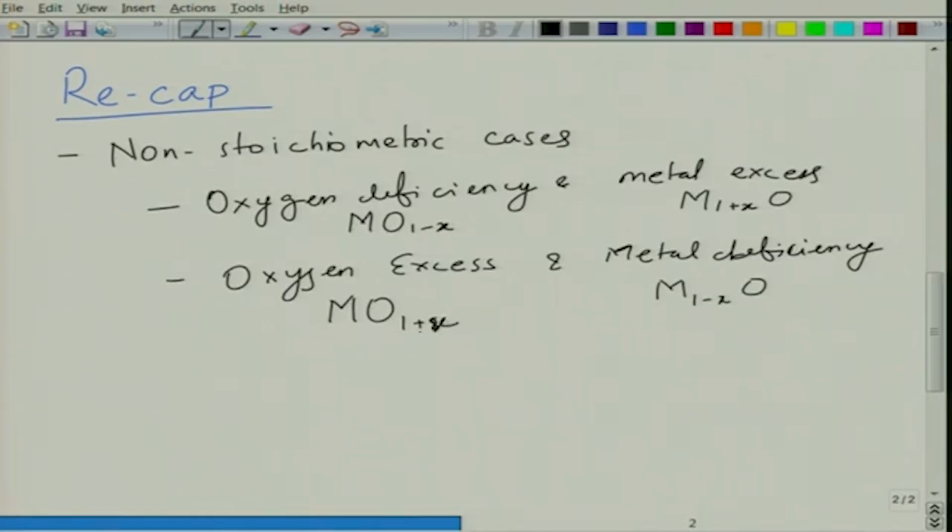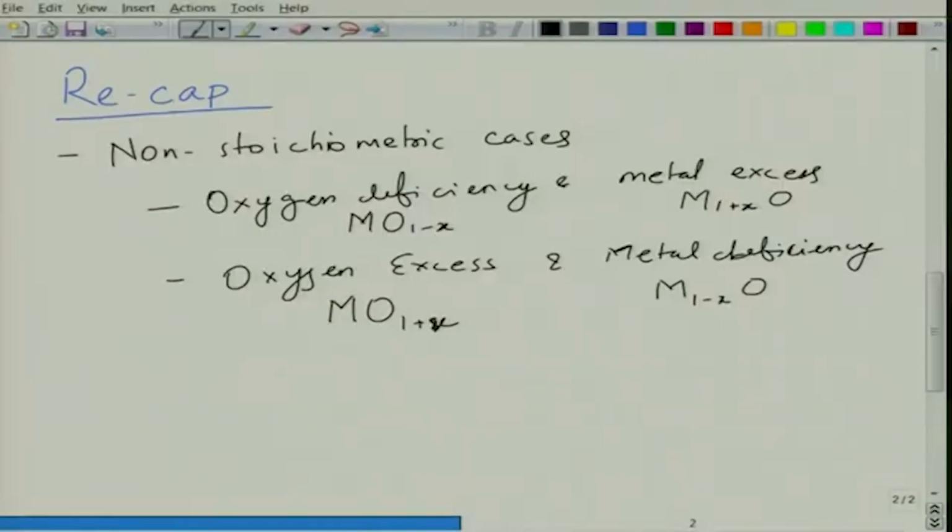Okay. So, essentially in the first case you form vacancies of oxygen, and they can be compensated either electronically by forming electrons, or they can be formed by reduction of metal at metal sites. In case of metal excess, you form metal interstitials, which can be again compensated by formation of electrons or reduction of metal site.